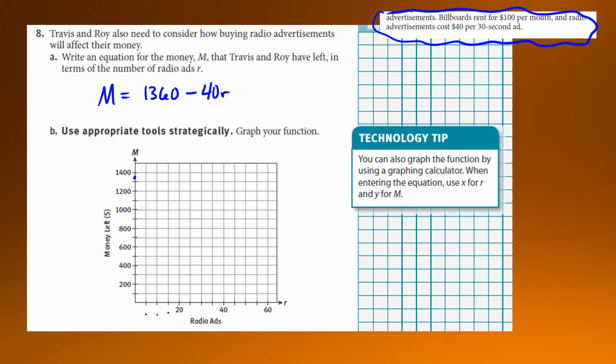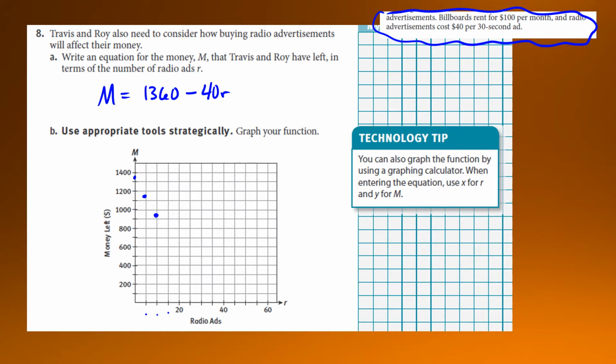So if they bought 5 radio ads, they would spend $200. So that's going to go down 200 for 5. And if they bought 10, they'd spend 400.